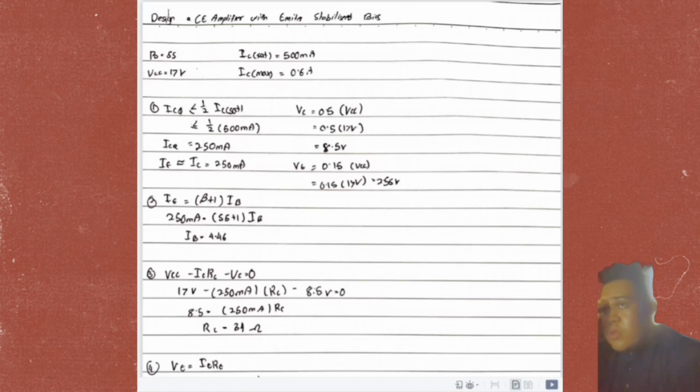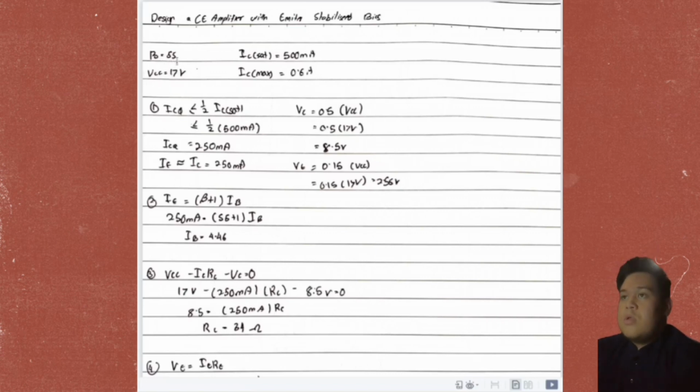Now I want to present to you about design 1. For the beta and VCC, we have been given that beta is 45 and VCC is 70 volt. So from the data sheet, we get the IC set is equal to 500 milliamp and IC max is 0.6 ampere.